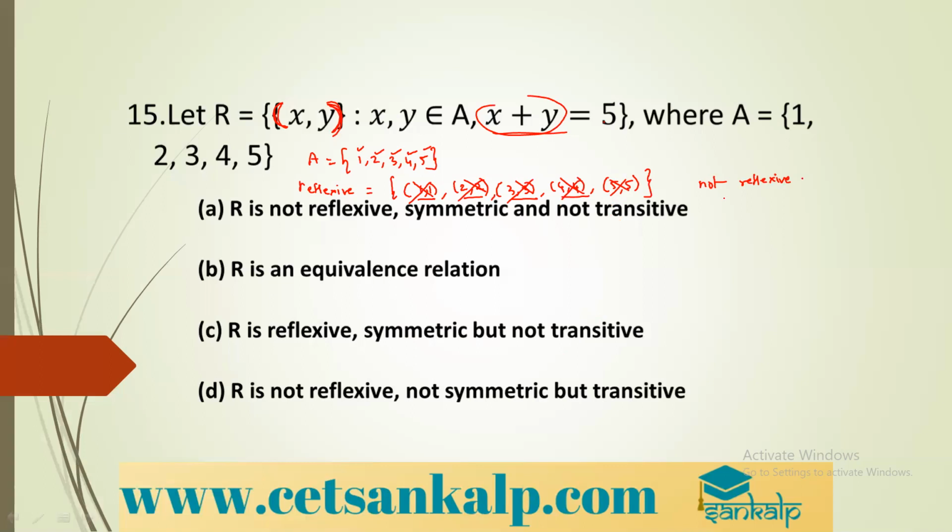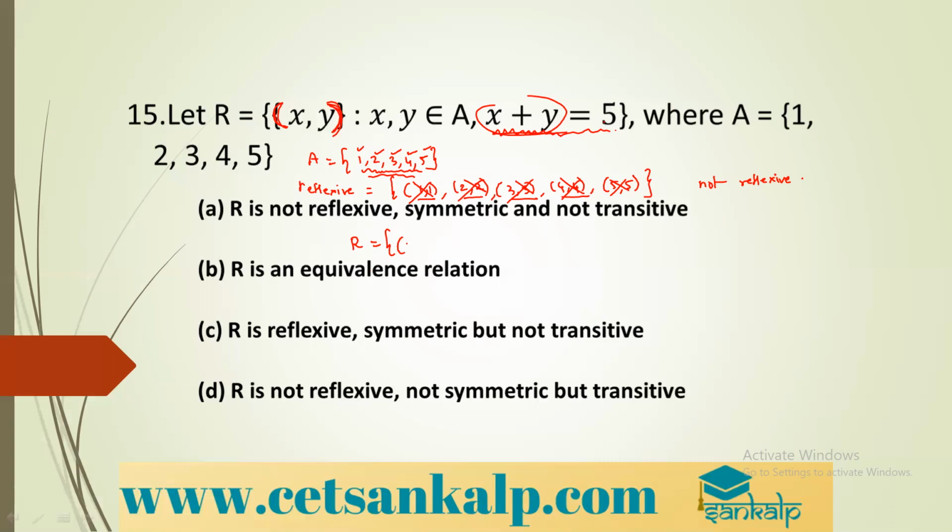Okay. After not reflexive, we have to see whether it is symmetric or not. So now what I will do is, I will write the relation itself. I will take 1, 2, 3, 4, 5, these elements. Which two elements, x and y, will give me 5? I will see.